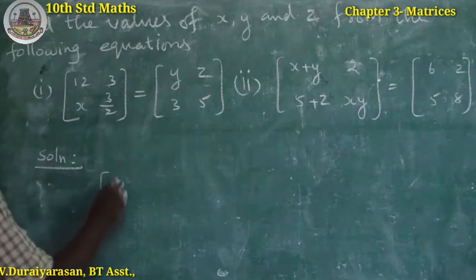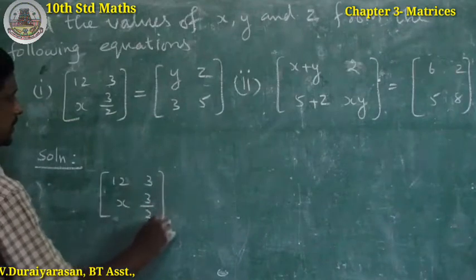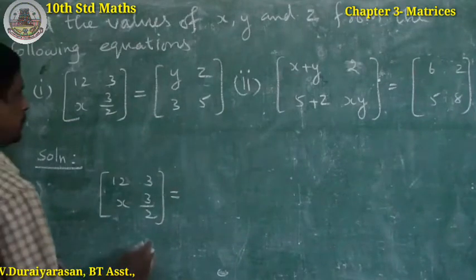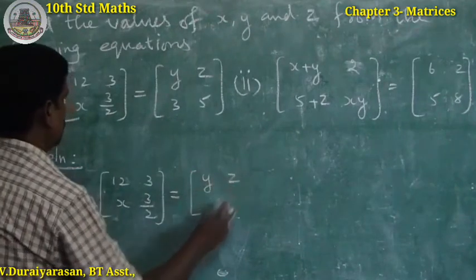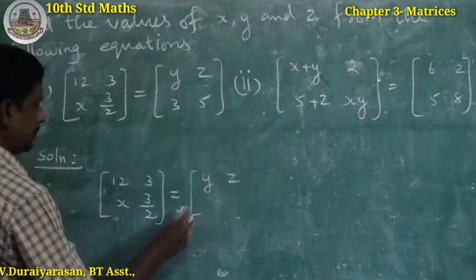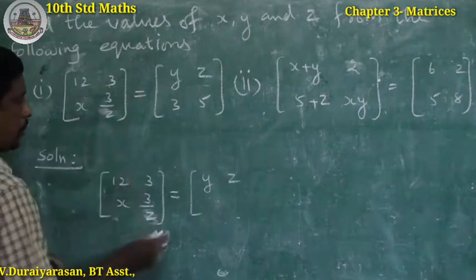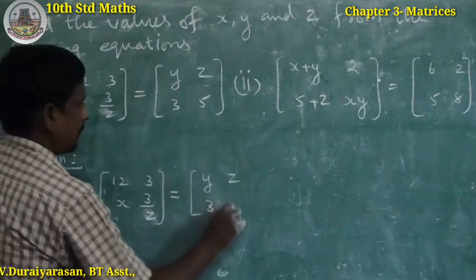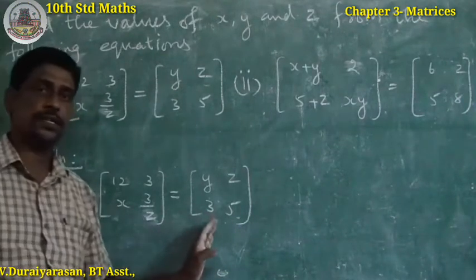Right, what is given? Two equal matrices are given. 3, 5. What is the properties of equal matrices?